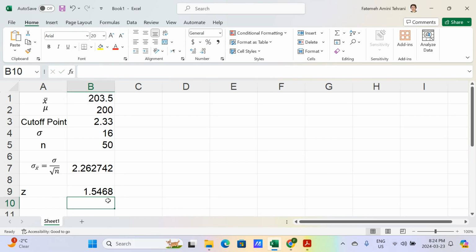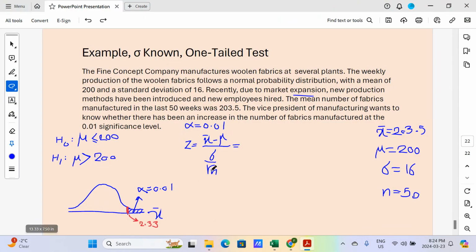So look at Z. Z is 1.55 if we round that to 2 decimals. So 1.55 is on the left side of the cutoff point, because 1.55 is less than 2.33.